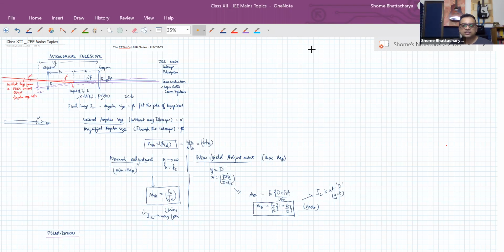Capital D is the least distance of distinct vision, the near point of the eye. Hope you remember, Bhaumik, what is the value of capital D?